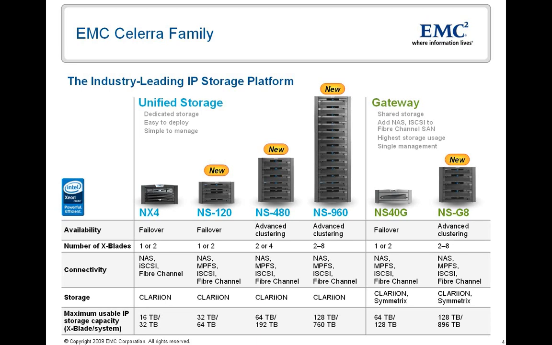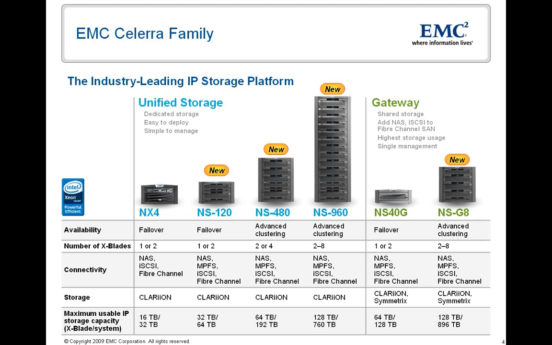And on the left-hand side, the NS120, NS480, NS960, and of course the NX4, excuse me. Those are what we call integrated. So we'd sell that as a bundle with the Fibre Channel option enabled, and again having the connectivity from a NAS, from an iSCSI, from a Fibre Channel perspective.